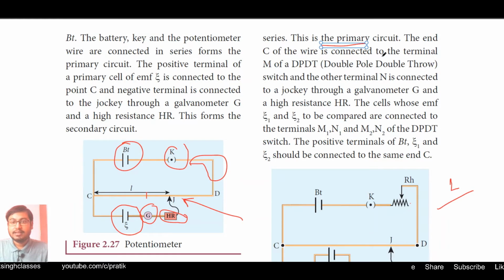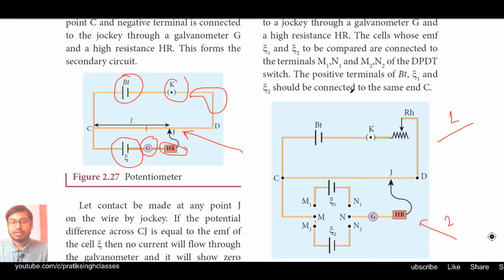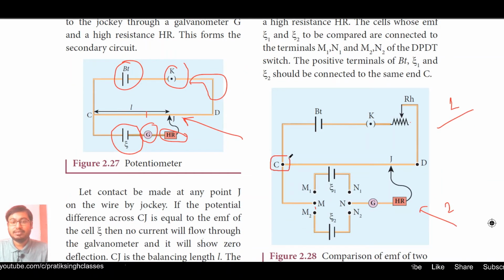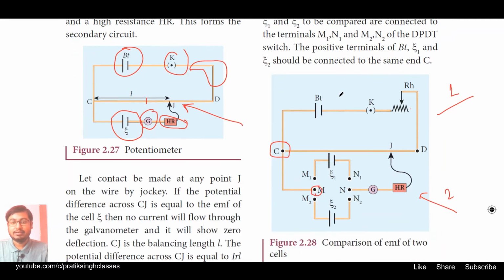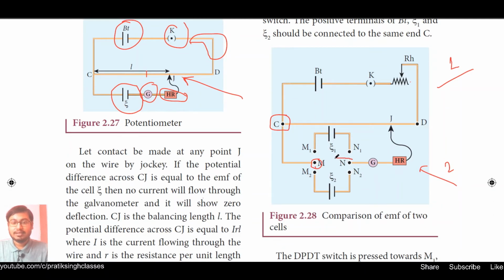The end C of the wire is connected to the terminal M of a DPDT, double pole double throw switch. The other terminal N is connected to a jockey through a galvanometer G and a high resistance HR.